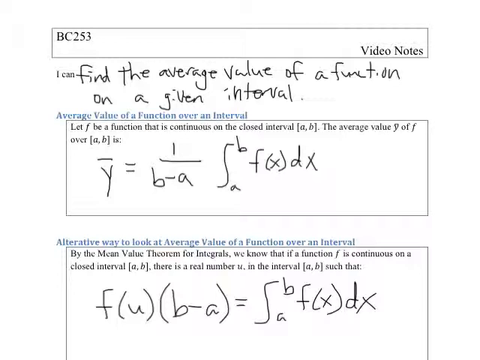In truth, you could think of these as synonymous. They're just two different ways of looking at the same concept.